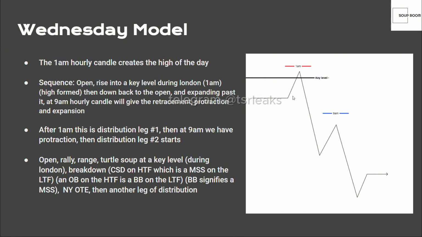We will have a breaker block form right here. Then at around 9 a.m. during the New York session, we will have the retracement, and then we will have the second leg of distribution.